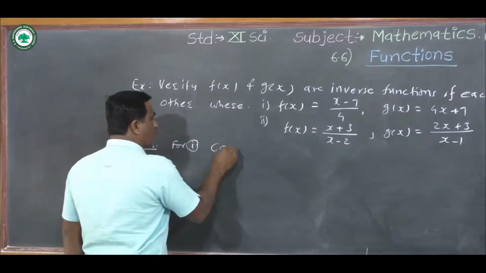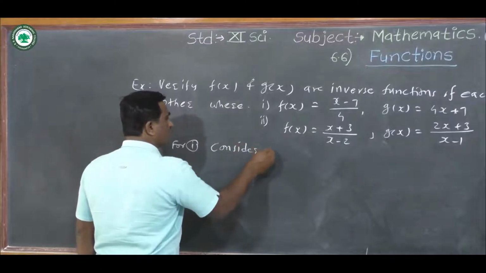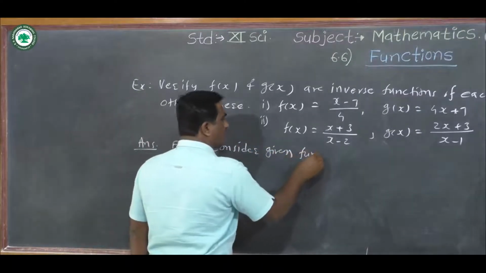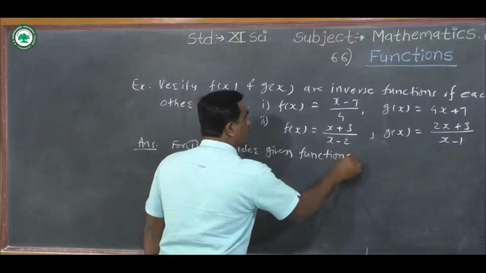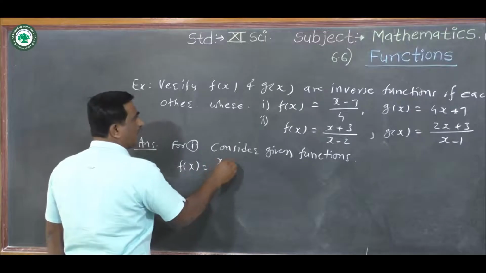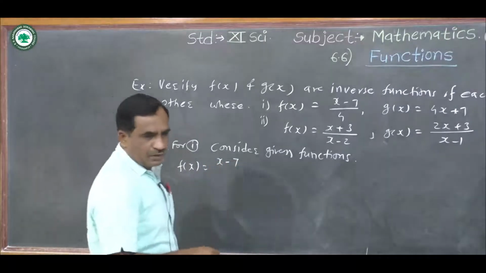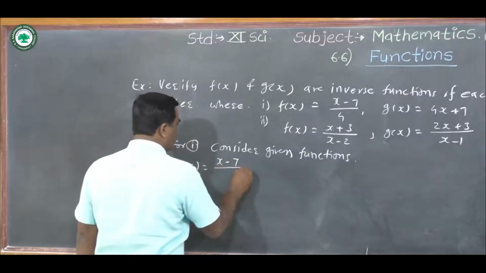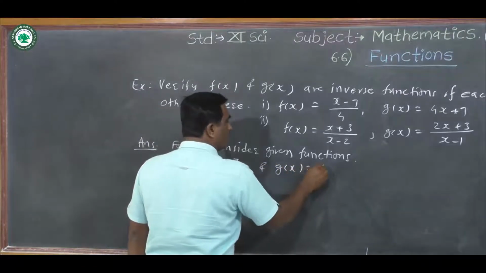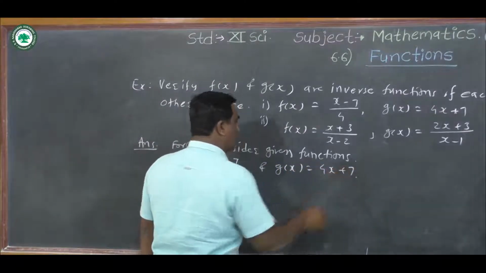Consider the given functions, that is f of x equal to (x minus 7)/4 and g of x is equal to 4x plus 7.